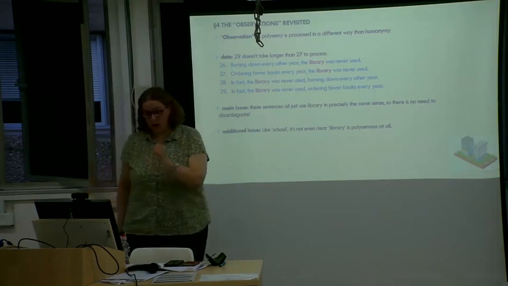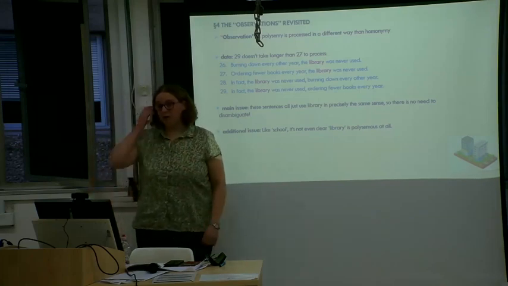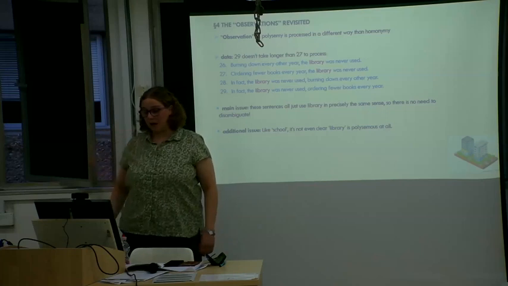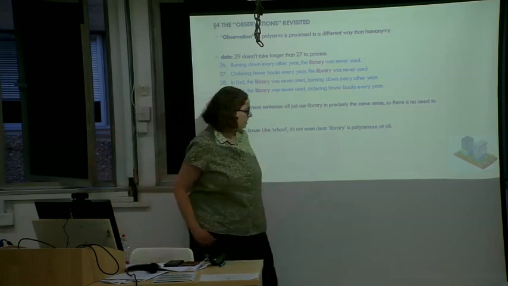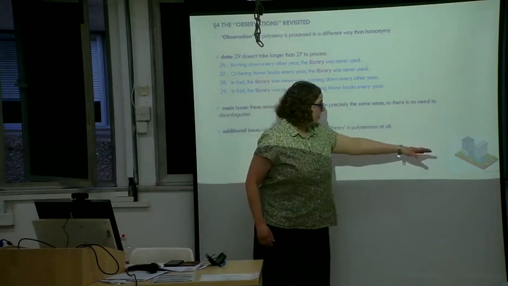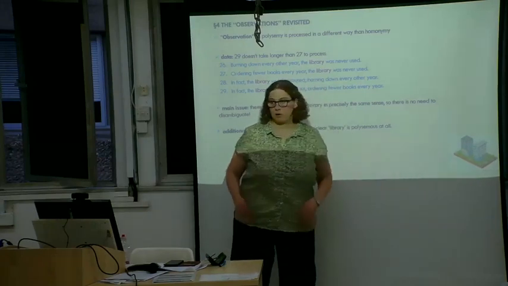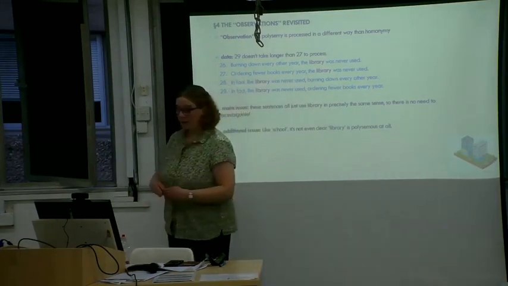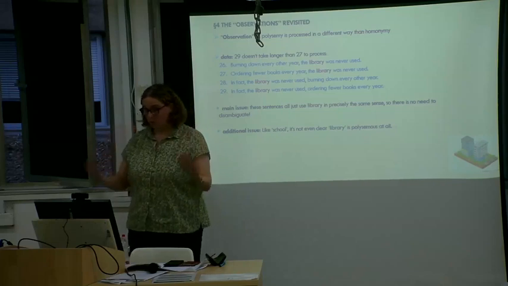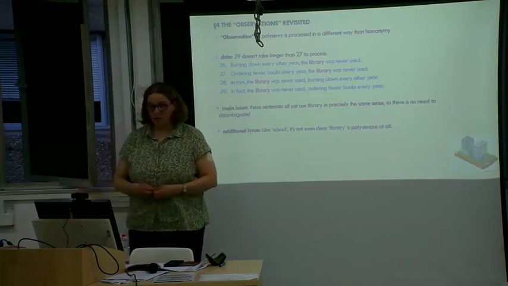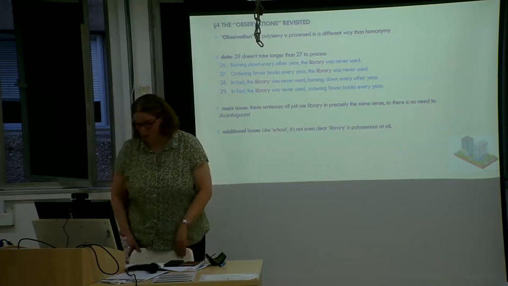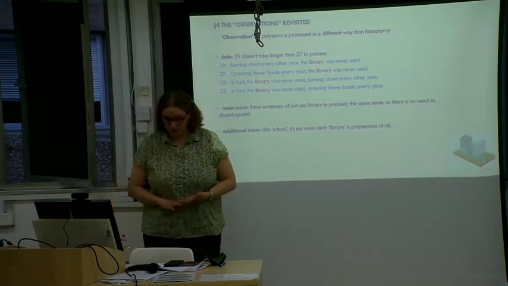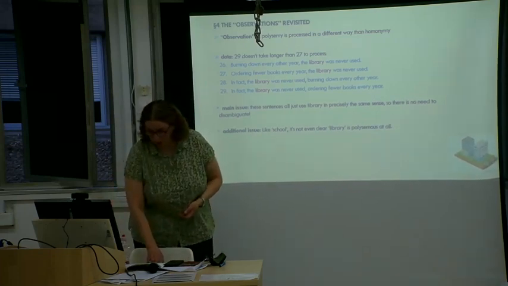Just like with school, I'm not even sure that library ever has a building sense. So again, we can do the same sort of counting test when we have a very large library housed over two adjacent buildings. It seems true that there's one library. It doesn't seem true that there are two libraries here. Okay, so it might not even be true that library is polysemous.